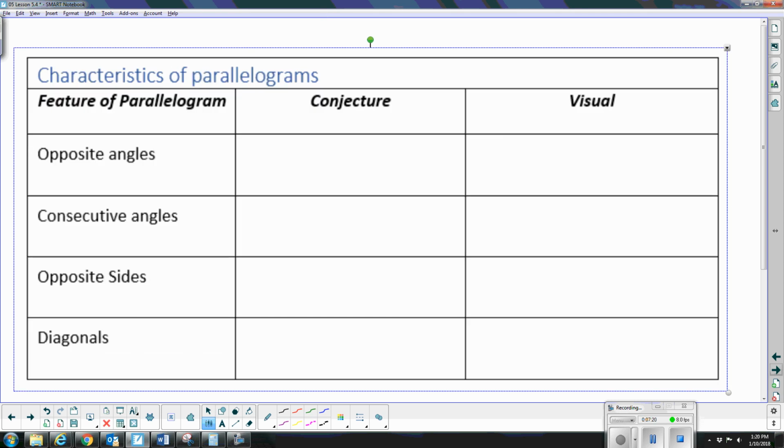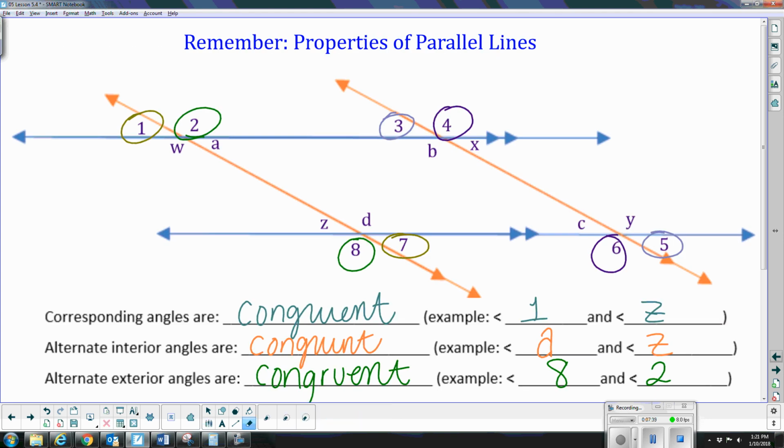All right, so now looking at some characteristics of parallelograms. If you look at a parallelogram, we'll draw a visual, but opposite angles of a parallelogram are congruent. If you look at these properties of parallel lines, you see a parallelogram in here.